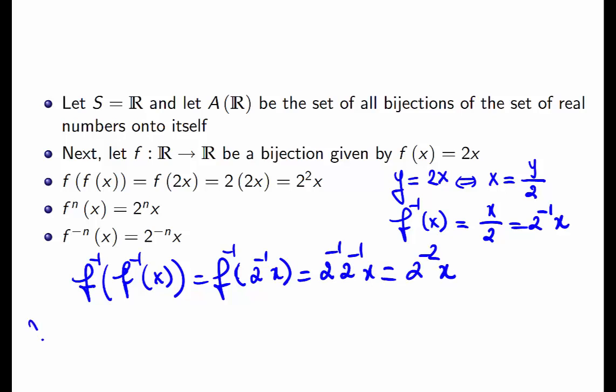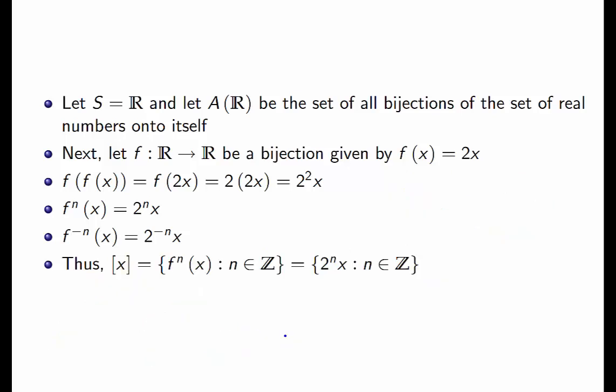And you can prove by induction that for every natural number n, it's just 2^(-n) x. So this tells us that the orbit of x consists of all numbers of the type 2^n x, where n is an integer.